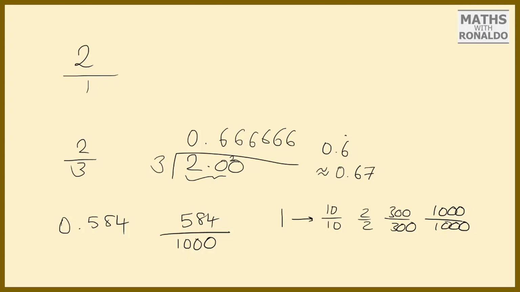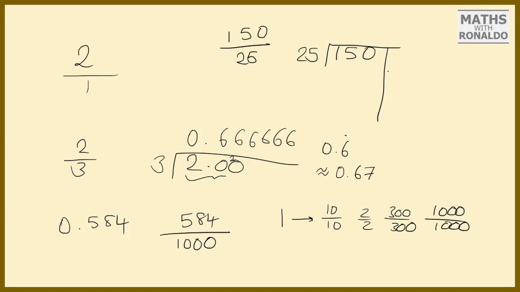If we had a top-heavy fraction such as 150 over 25, that's a 5, we should be able to divide it normally, so 150 divided by 25. Well, the bus stop method will not be very useful. We could use the chunking method.